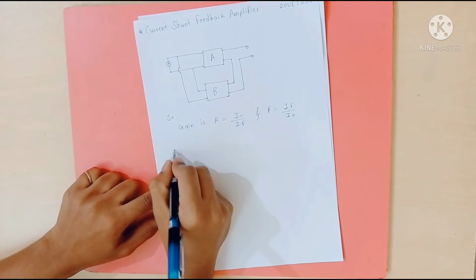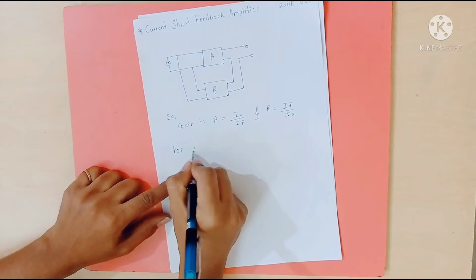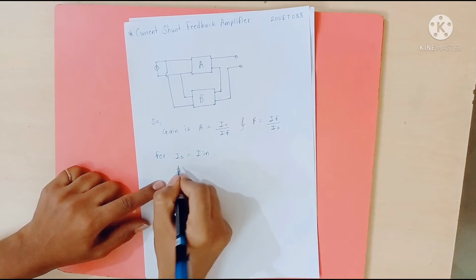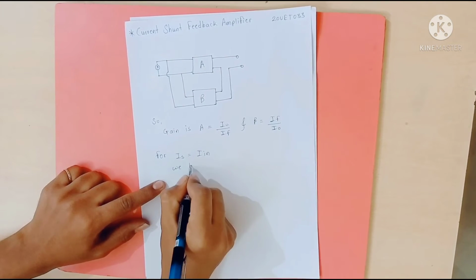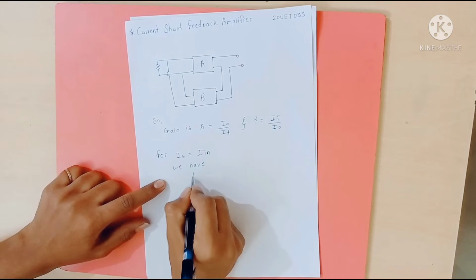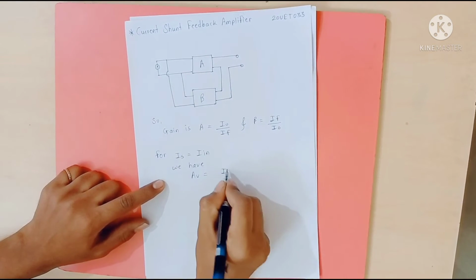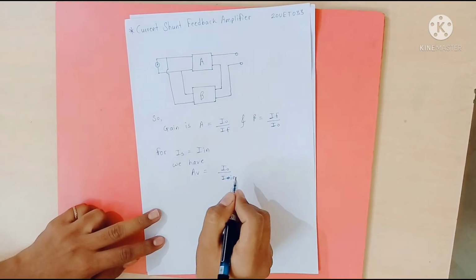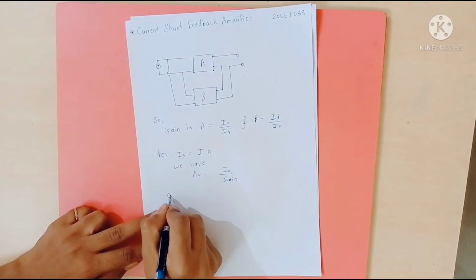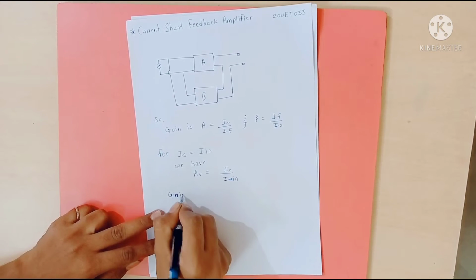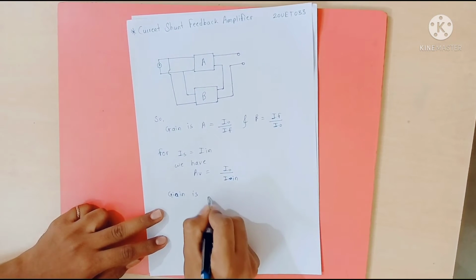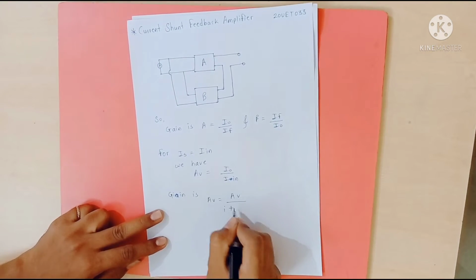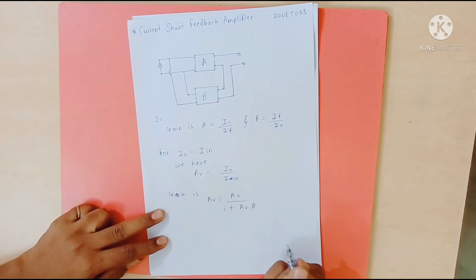So for IS equal to I in, we have the voltage gain AV equal to IO upon I in. So final gain is AV equal to AV upon 1 plus AV into beta.